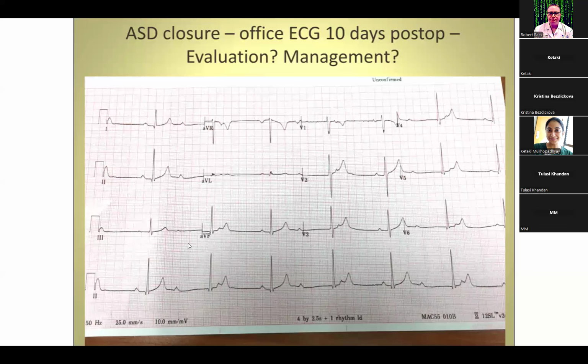So this is clearly something that would be very upsetting if you were in clinic a week after placing an ASD device. Do you think this is likely after a large ASD device or a small ASD device? I think it's after a large ASD device, but I think I might be wrong. No, you're right.